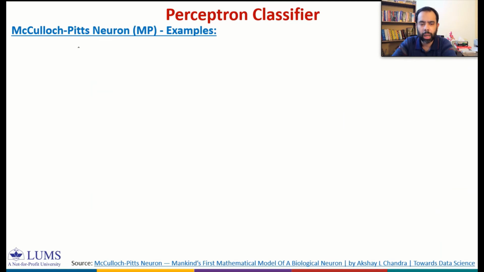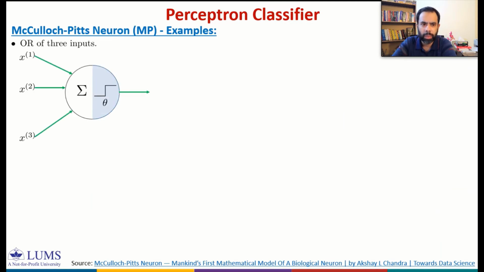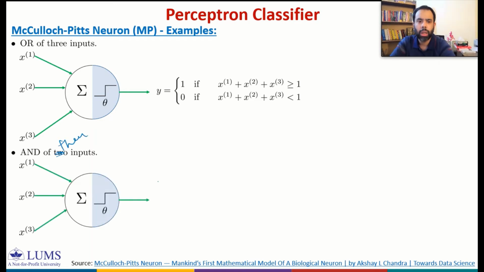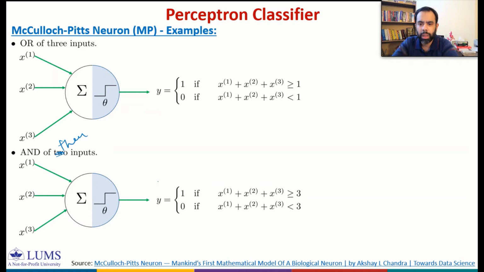Right? We can extend this. We can have OR of 3 inputs. What should be theta? This should be 1, right? If either of the inputs is 1, the output is 1. And for AND of 3 inputs, in fact, theta should be 3 in this case.